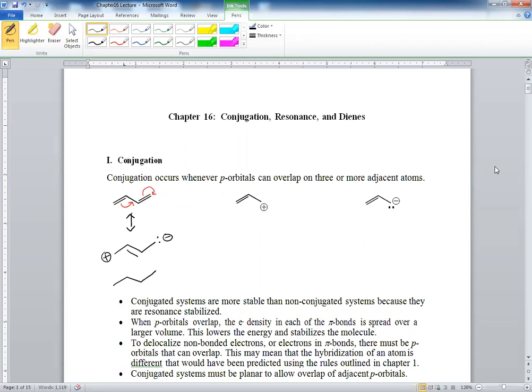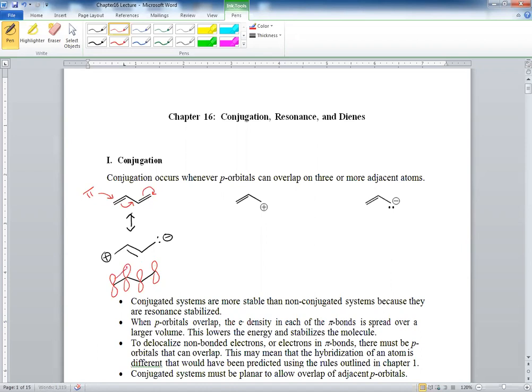If you sketch this using the p orbitals, if you recall, p orbitals are these up and down orbitals, and they actually cause the pi bonds. This is a pi bond, and of course that's a pi bond right there.